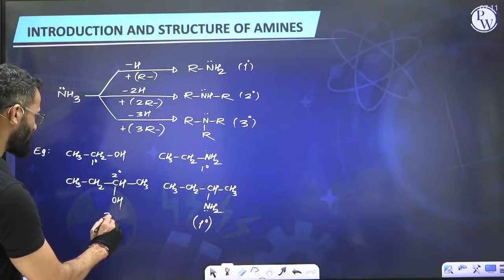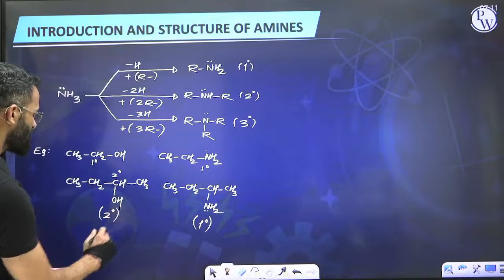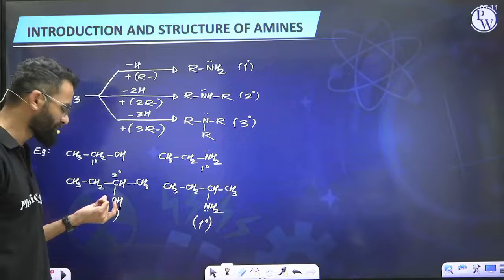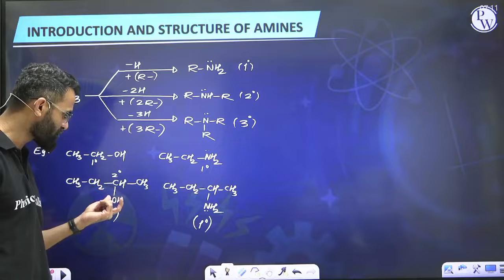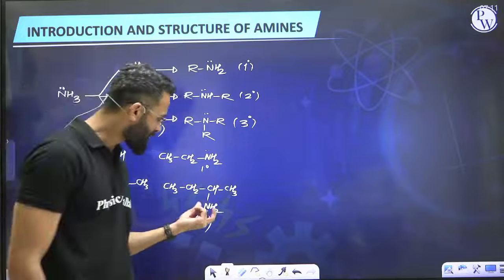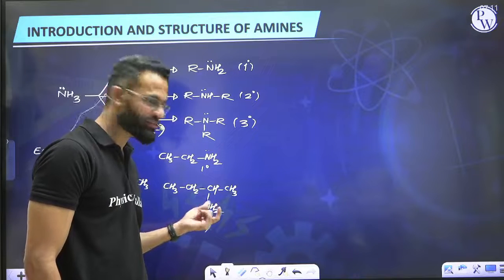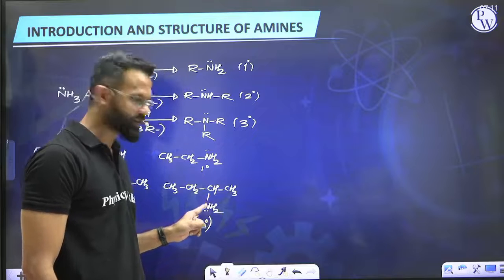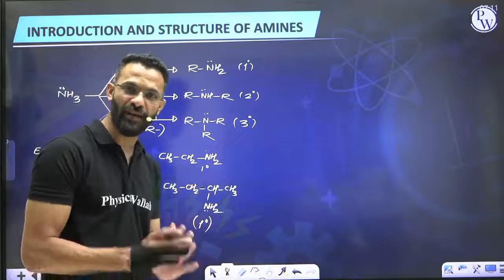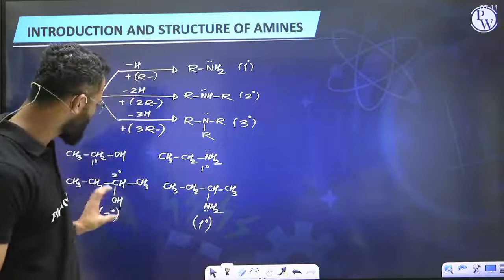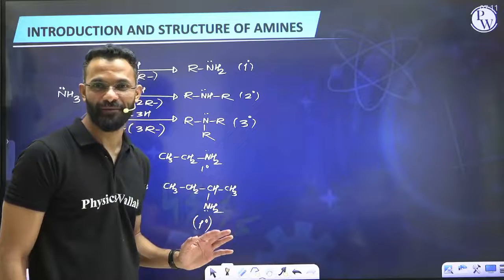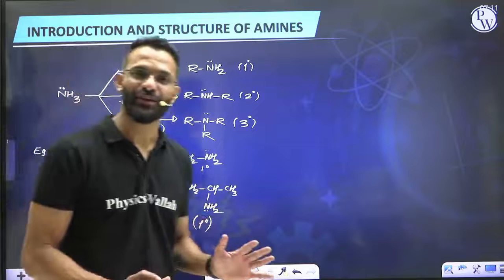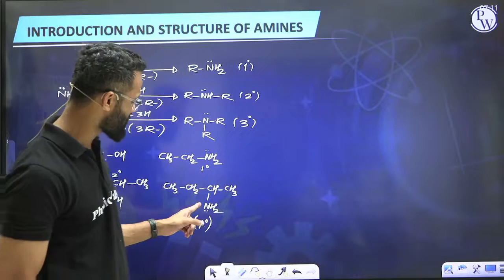This alcohol which we have is a secondary alcohol. So the degree of alcohol is decided on the basis of the degree of the carbon atom to which the functional group is connected. The degree of amine is decided on the basis of the degree of the nitrogen atom. Nitrogen is still connected to one carbon, so it's a primary amine only. So secondary butyl alcohol is a secondary alcohol, whereas secondary butyl amine is a primary amine. In simple words, what you can do is look at that nitrogen atom.